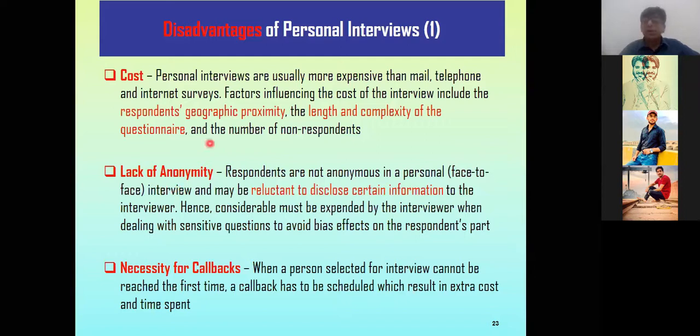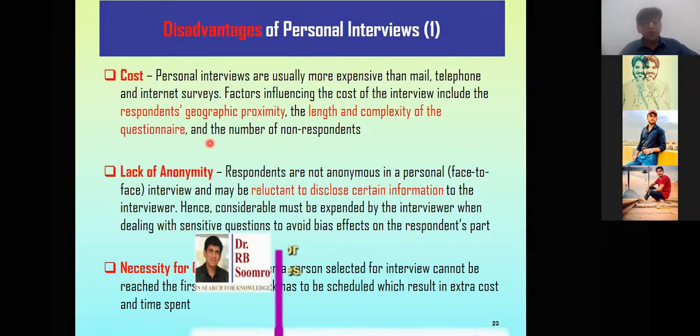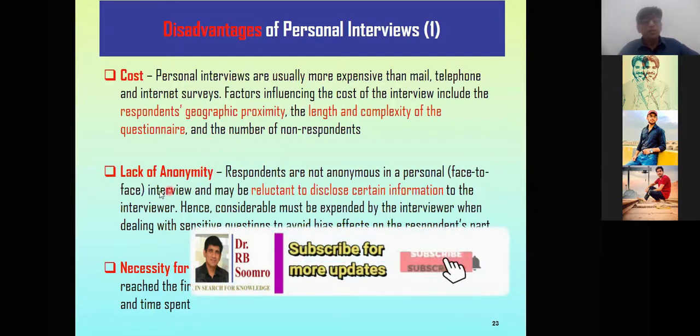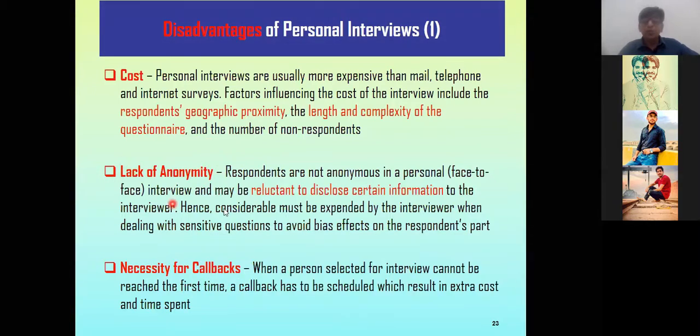Like in case of the email questionnaire, the questions we are sending through email, there is no lack of anonymity. The surveyor and the respondent in most cases may not know each other, so there is no problem of identification. But here in the interview, there is no anonymity. Both know each other.